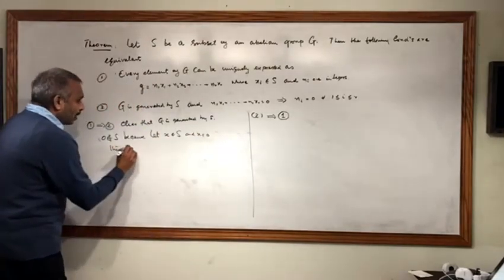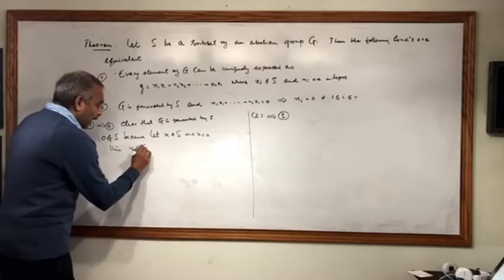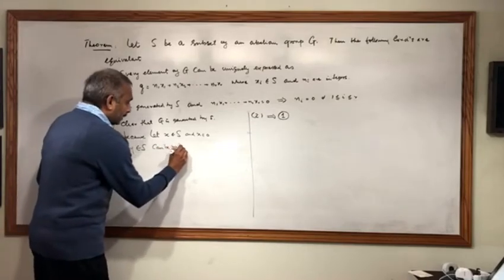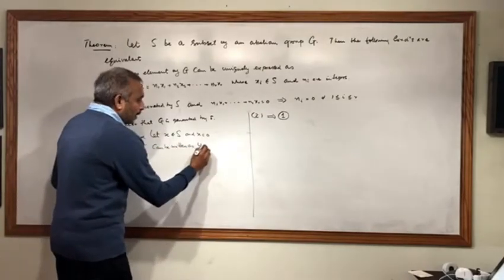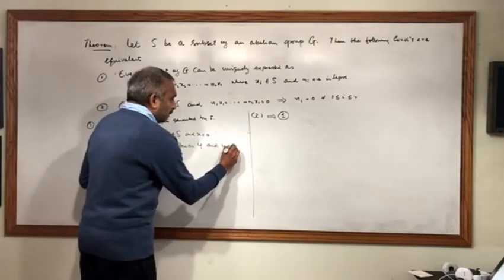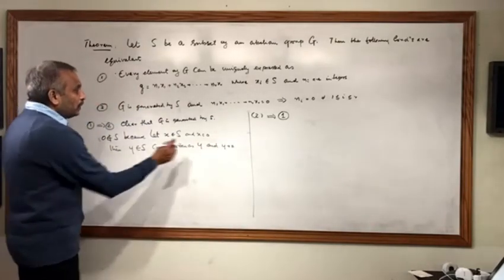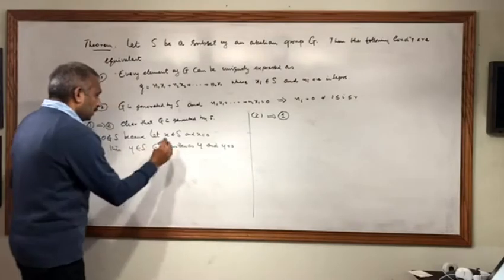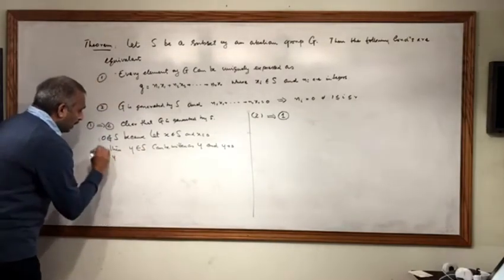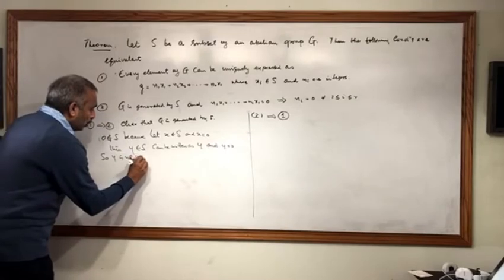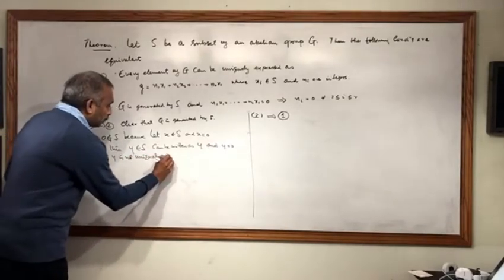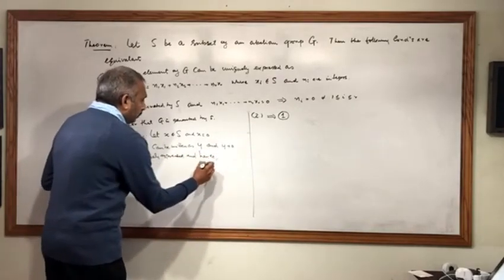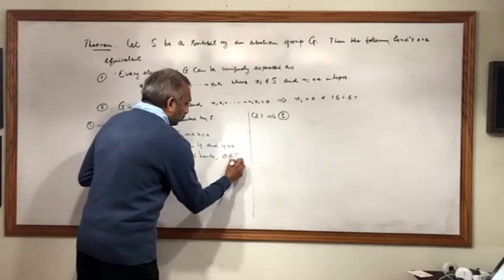Then y belonging to S can be written as y and y plus 0, which actually contradicts the statement uniquely expressed as. So y is not uniquely expressed and hence 0 does not belong to S.